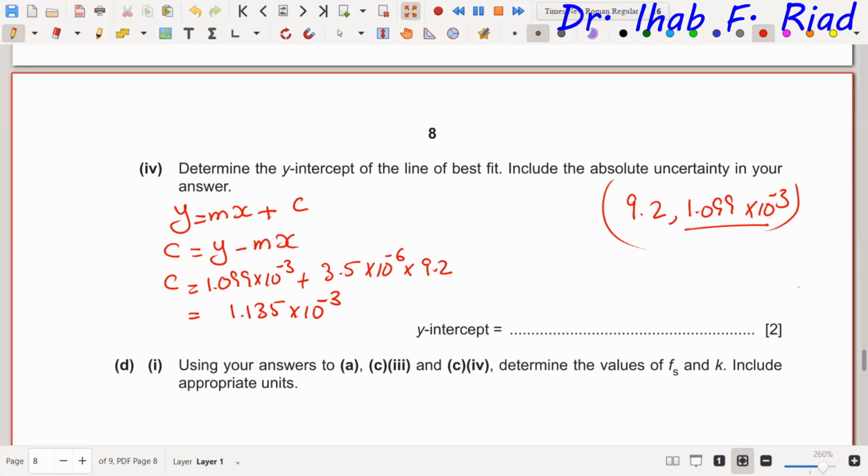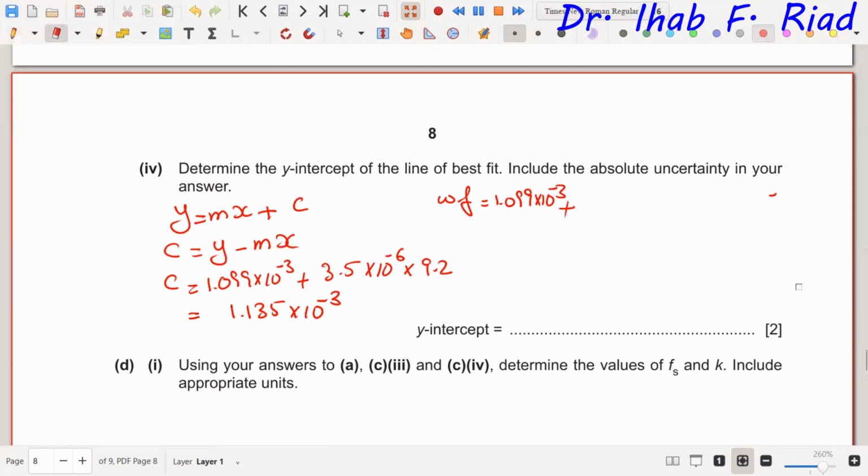Okay. We do the same for the worst fit. 1.099 times 10 to the power minus 3 plus 3.27 or 3.3 times 9.2 times 10 to the power negative 6.